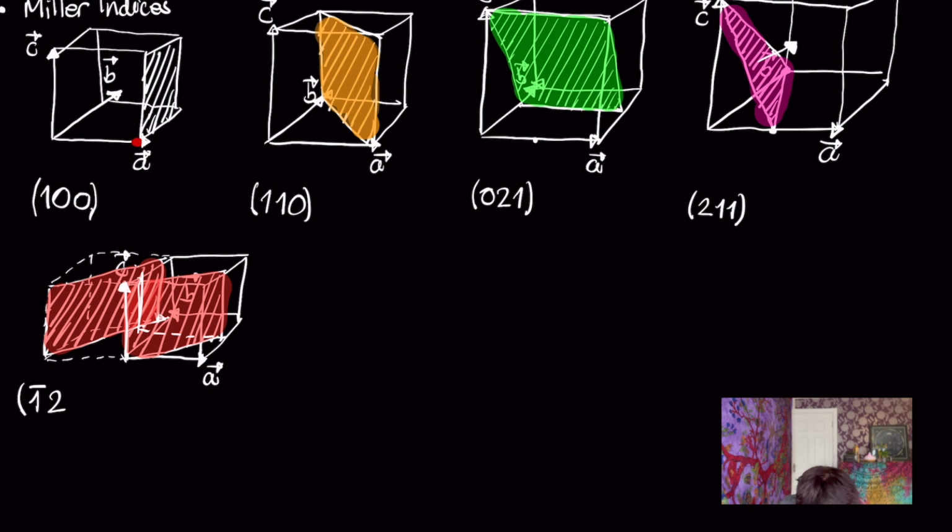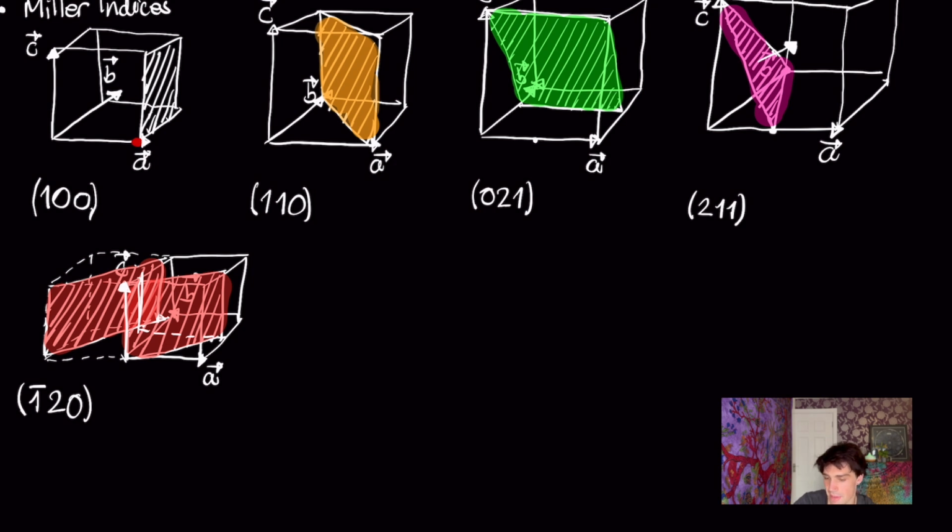Well, we can see that in this plane right here, it in fact never intercepts with the C vector right here. So therefore we write 0. Whereas before it was intercepting all the way along, if we consider the next one along, it doesn't intercept at all with the C vector. So that's how you can use negative numbers in Miller indices.